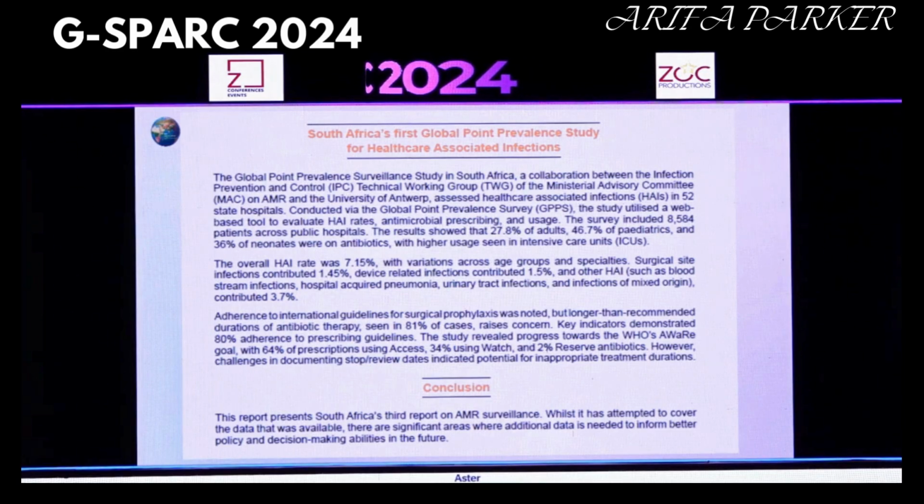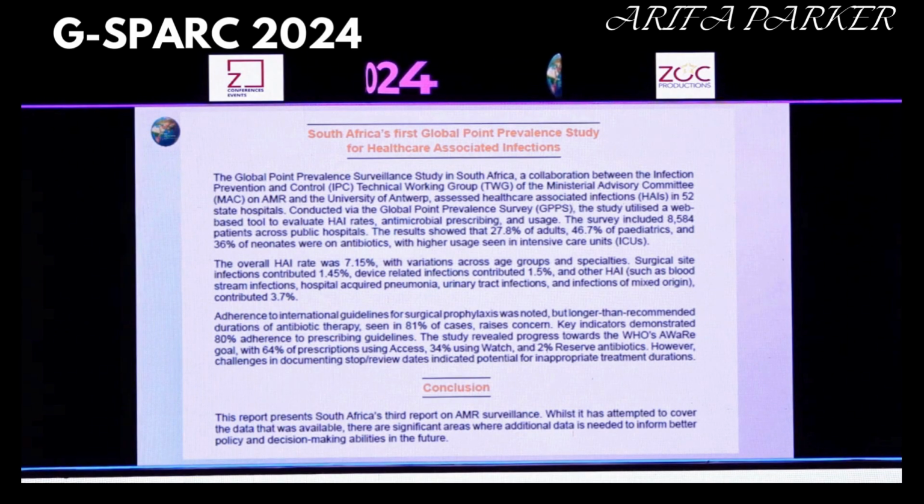In 2023, data from 52 sites was collected, and these were mainly public hospitals across all 8 provinces. And of the 8,500 plus patients, almost a third or just over a third were on antibiotics on the day of collection. Of concern is that almost a half of pediatric patients were on at least one antibiotic on that day.